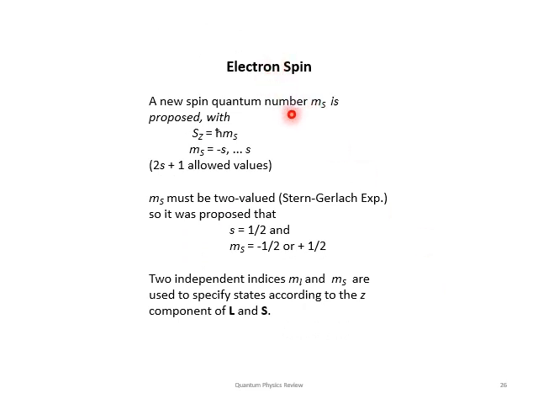The new spin number, m sub s, was proposed, and it's got a value of angular momentum equal to h bar m sub s. However, it will be found that it's not integer values, it varies by integer amounts, and that the spin of the electron is 1/2, with projections onto the magnetic direction of plus 1/2 or minus 1/2.